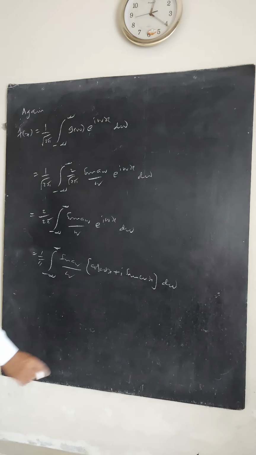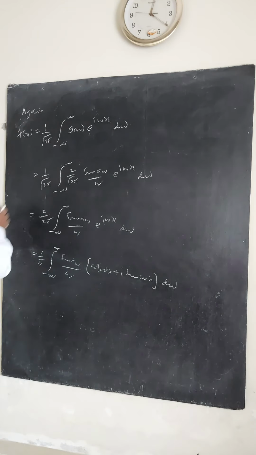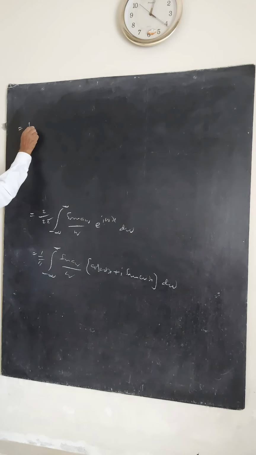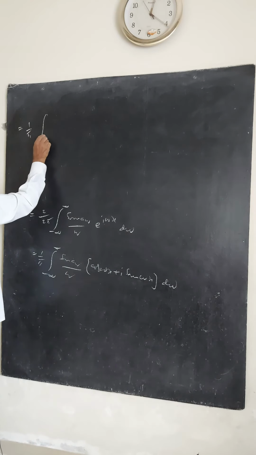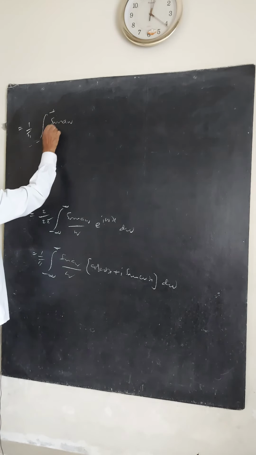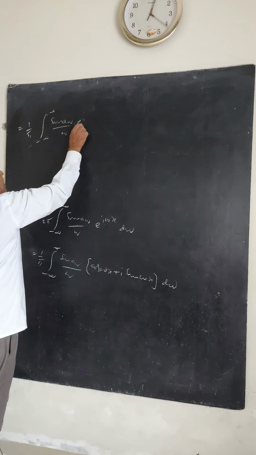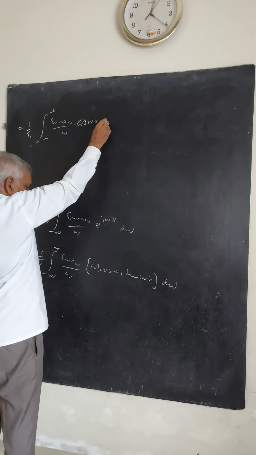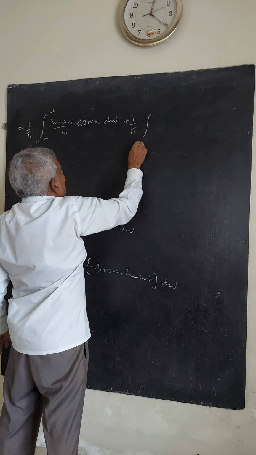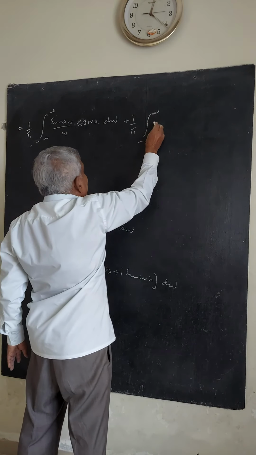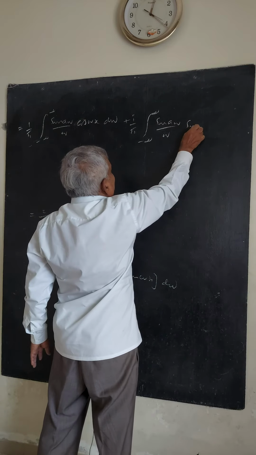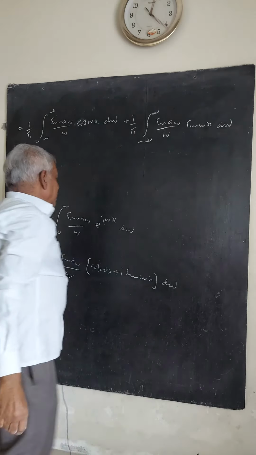We are splitting into 2: 1 by pi, minus to plus infinity, sin a omega by omega cos omega x d omega, plus i by pi, minus to plus infinity, sin a omega by omega sin omega x d omega.